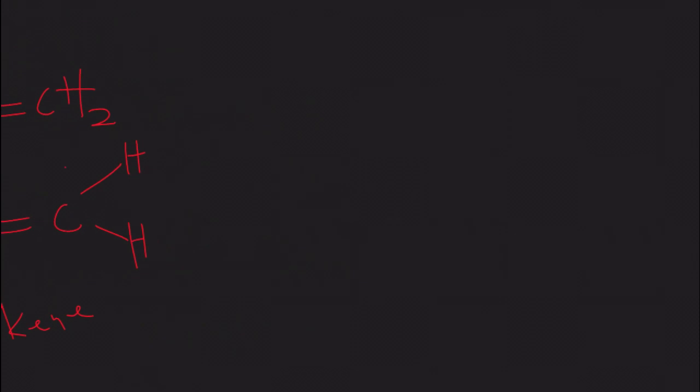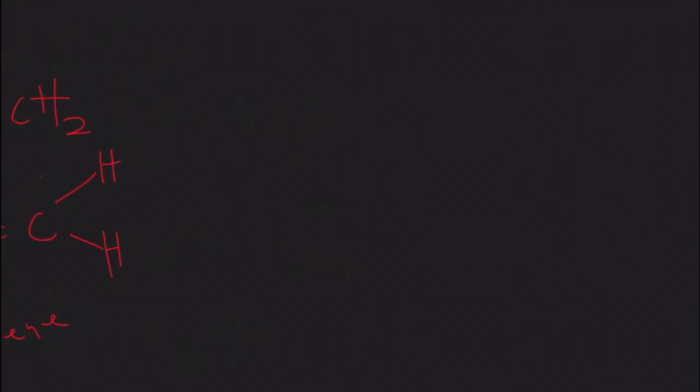So let's say I have a compound such as CH3 bonded to a nitrogen, NH2, or an amine group. There is going to be a different reaction here, unlike if we are bonding it to a sulfur group.